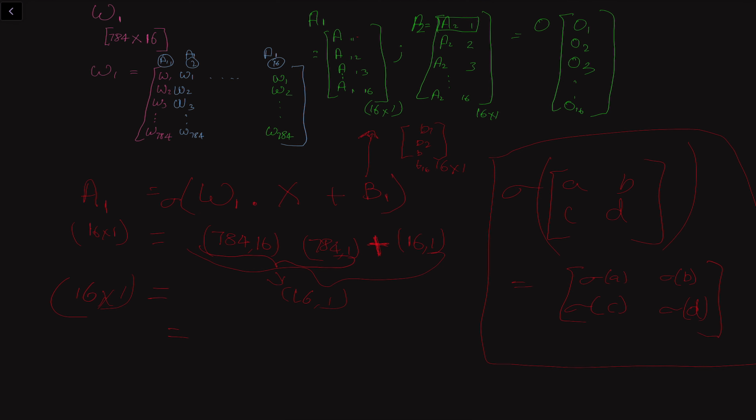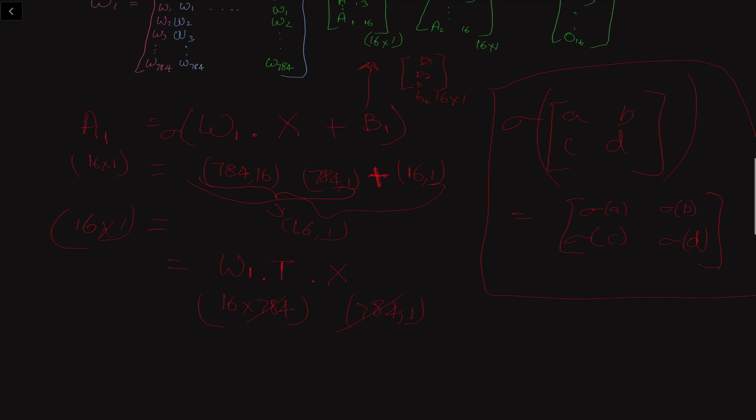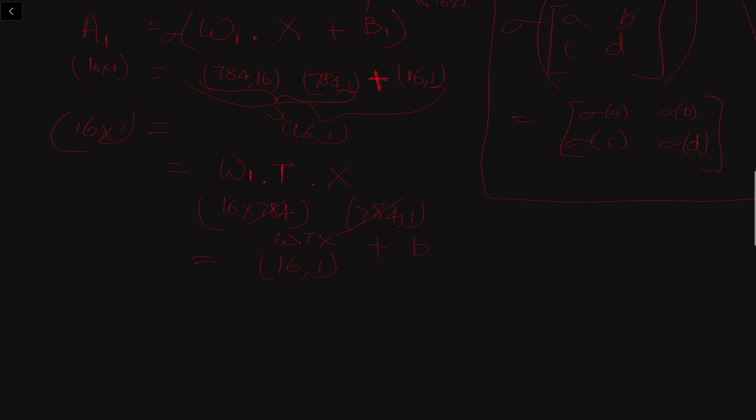So I'm going to flip W. I'm going to write W1 dot transpose dot X. So that will make it 16x784 multiplied by 784, 1. And this will get canceled and we will be left with 16, 1 for the W1 transpose X term, and we're going to add B1 to it, and it's going to end up having A1.